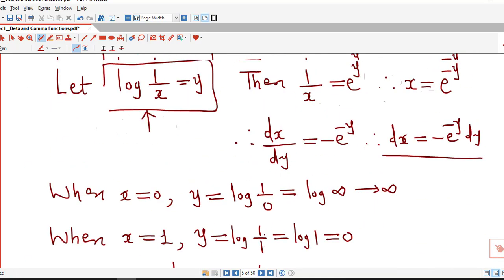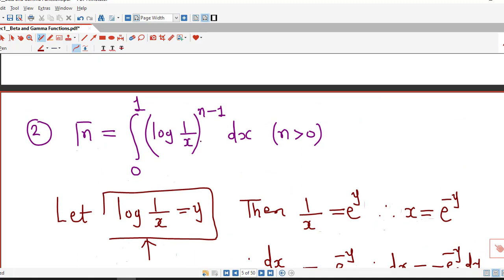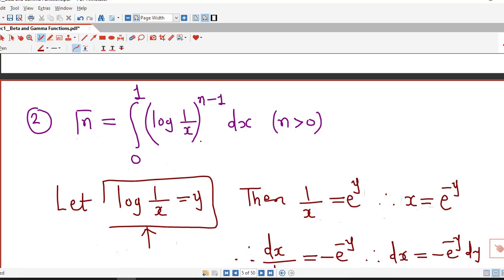So these are simple exercises. We can represent the gamma function of n in various forms. All we have to decide is the appropriate change of variable. What we can do is compare the given integral with the definition of the gamma function, and from that we get the idea of which type of change of variable we have to consider.